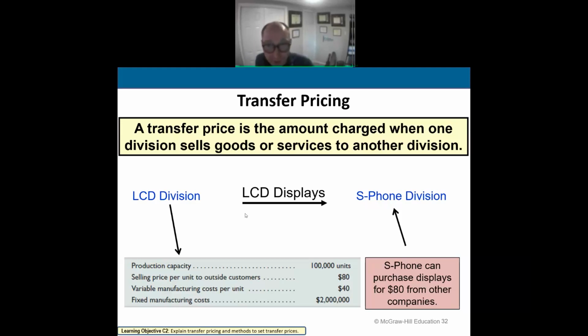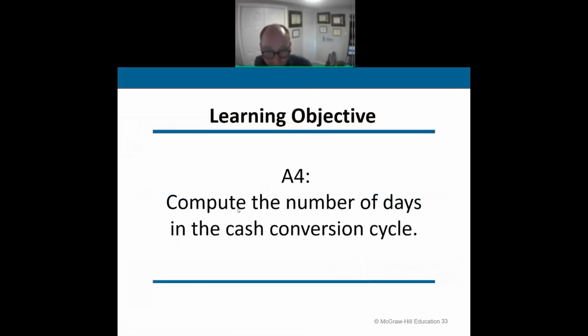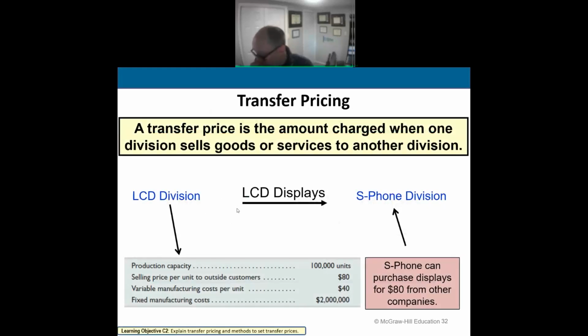How do we make that type of decision? Well, it's based off of which one will be the lowest cost. Sometimes it's cheaper to purchase it from another company than it is to manufacture more of it, especially if they're at capacity or if they don't have the ability to transfer it.